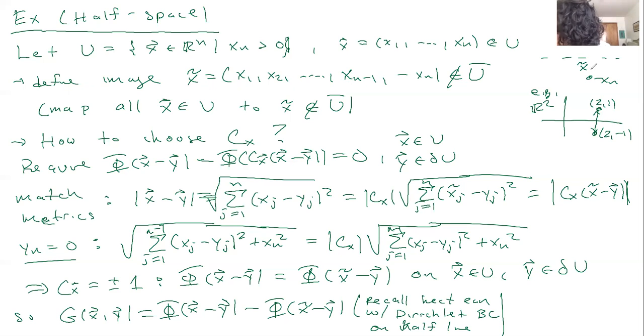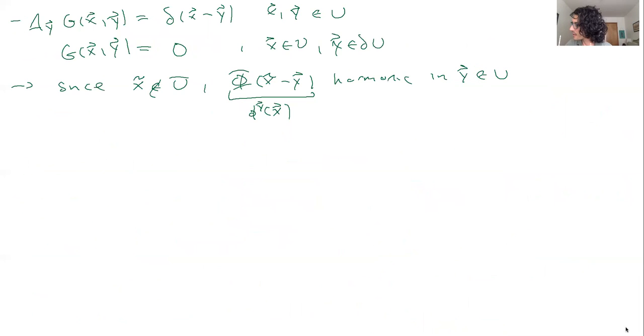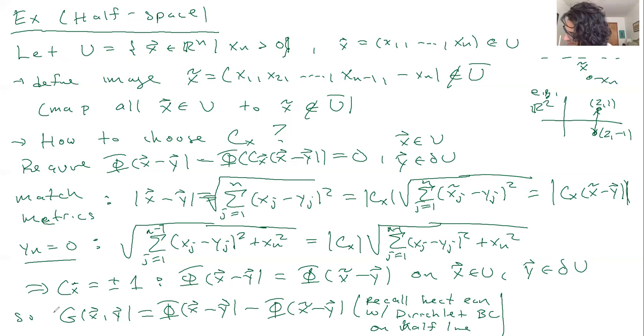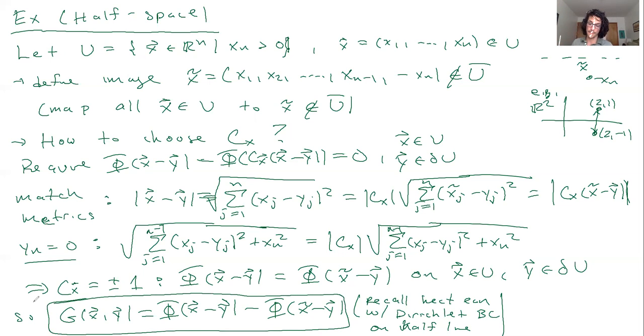The way we do that is we build a function outside of here whose tail hits the boundary in the same way that the fundamental solution does from the inside. You get cancellations always along the boundary in that case, and the singularity that you would get from y equaling x is not a problem because x tilde is always outside of the closure of U. So that works, and that is then your Green's function in the case of the half space.